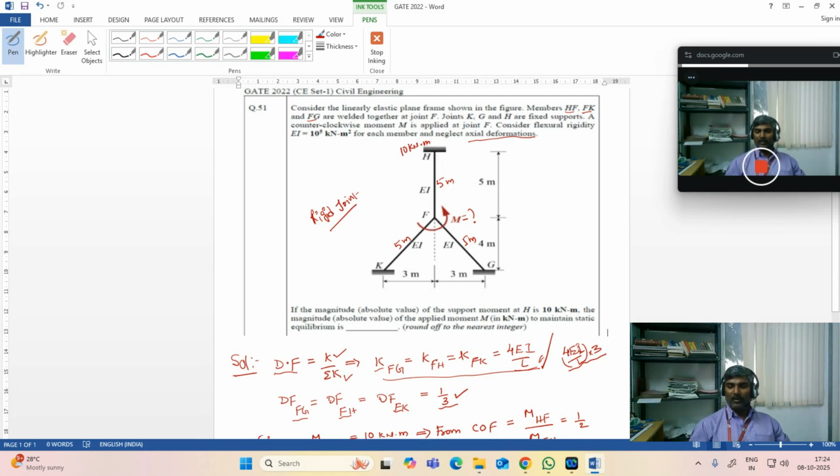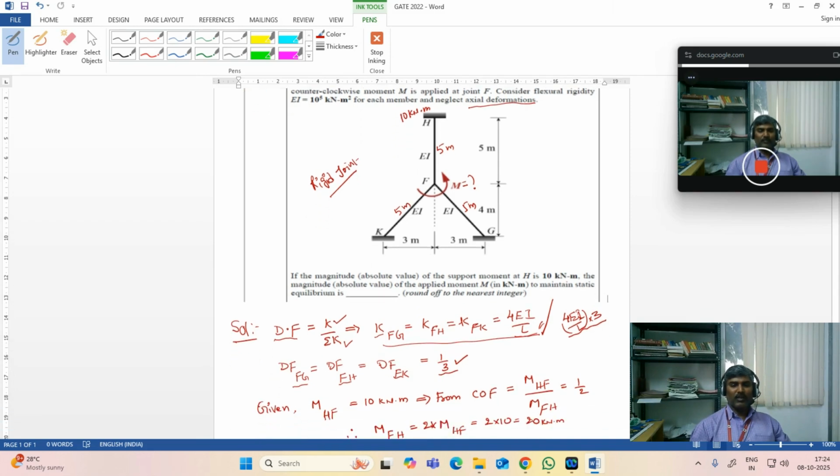Now continue. You have been given this 10 kilonewton meter at this point, that is H. You see it here, 10. From the carryover moment concept, there is a 10 kilonewton meter moment here. So how much would have been at this point? That is by the carryover factor.